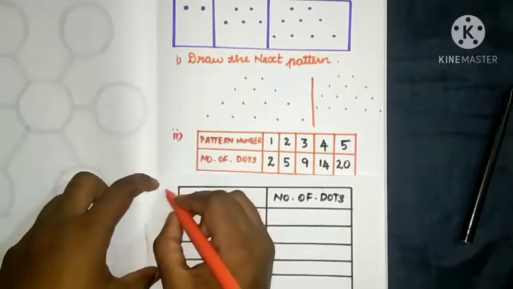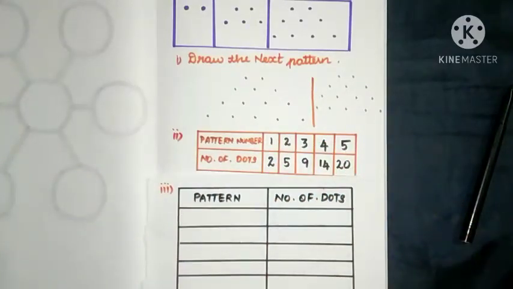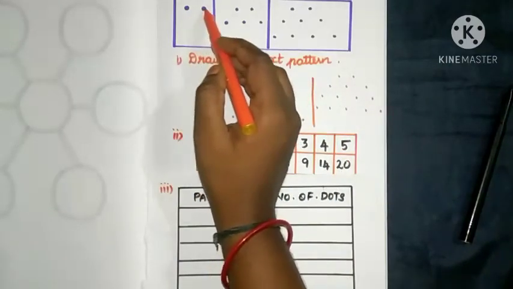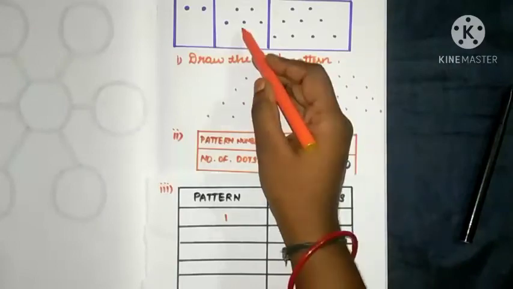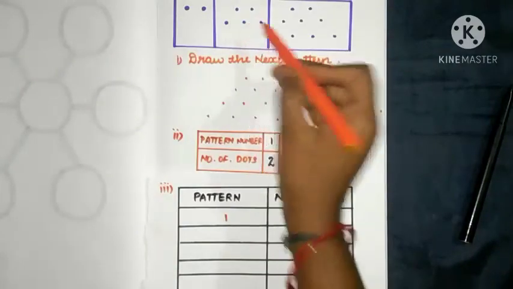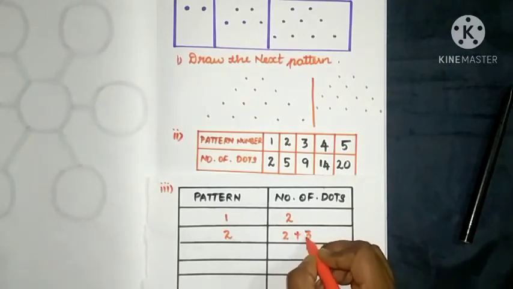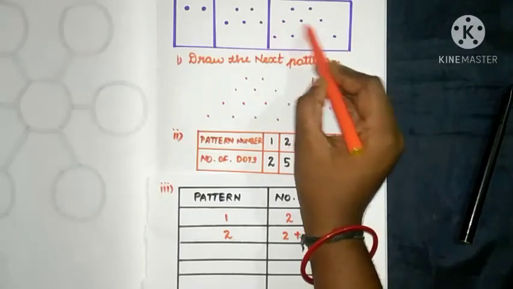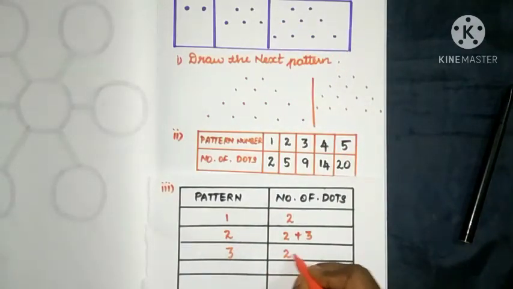Then third one you have to explain the pattern. How you explain the pattern? In first pattern how many dots are there? 1, 2. So 2. In second pattern 2 plus 3 dots are there. In third pattern 2 plus 3 plus 4.